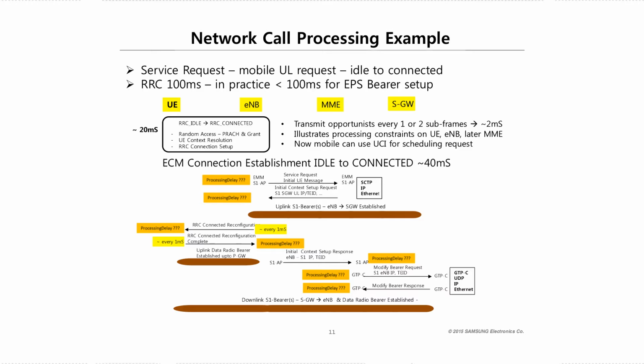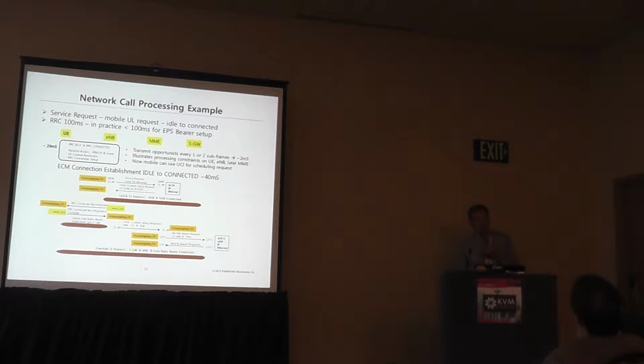So just an example of what call processing looks like, and this is a simple service request where a mobile, for example, has to go from idle to active. We're talking about 60 to 70 milliseconds before that mobile goes from idle to active.